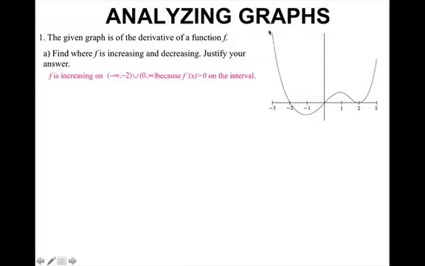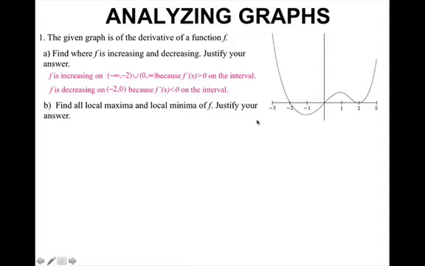So that's what I found. I found that it was positive or above the x-axis from negative infinity to negative 2 and above the x-axis from 0 to positive infinity. F is decreasing from negative 2 to 0 because f prime is less than 0 on the interval. So the graph of the derivative is below the x-axis.